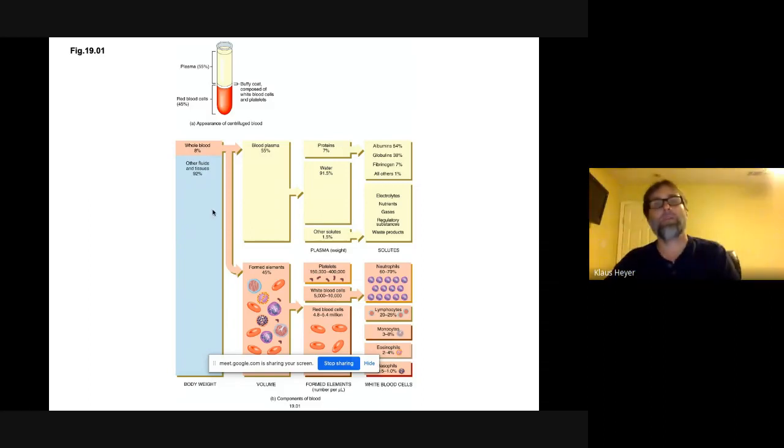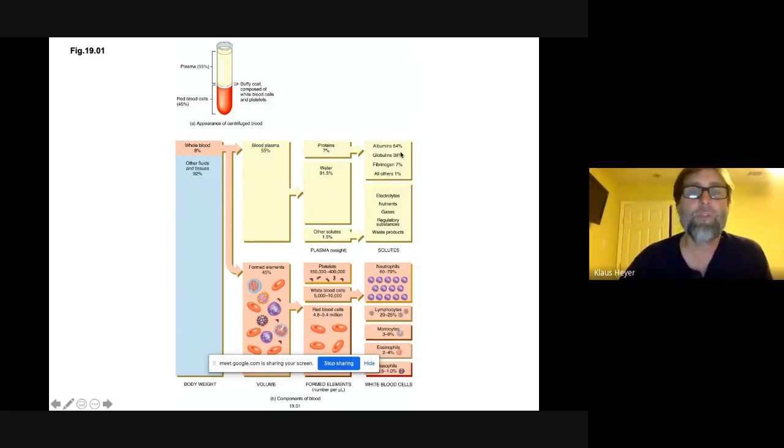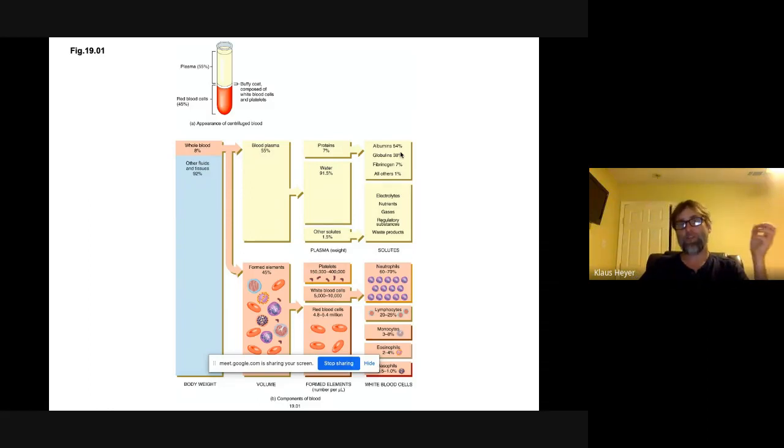So let's look at both of these. Let's look at plasma first. Plasma is made of mostly water, and then about 7% plasma proteins. The three main plasma proteins are listed on here: albumin, globulin, and fibrinogen.